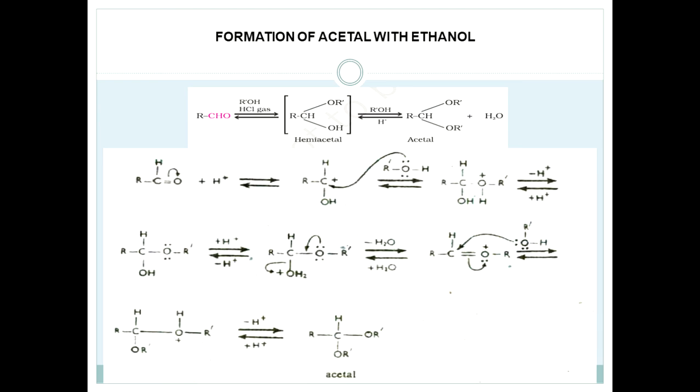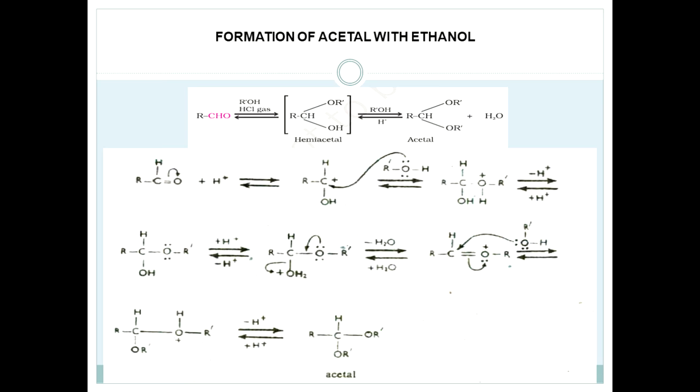Then protonation and elimination of water take place. After that, addition of alcohol and deprotonation occurs and acetal is formed. So here the catalyst acid, that means hydrogen chloride, is regenerated at the end of the reaction. Therefore, this HCl is used as a catalyst in this mechanism.